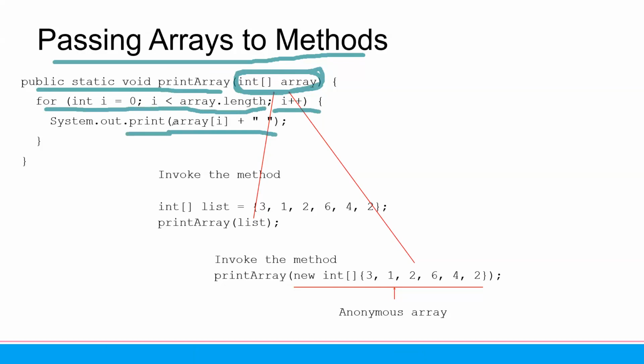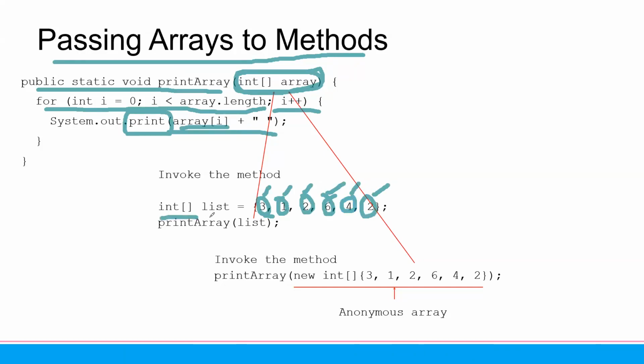If I use print, it means I will print on the right part of the previous element. So if I have 3, 1, 2, 6, 4, 2, it means I will print every array element. I will print 3, 1, 2, 6, 4, and 2. Okay.